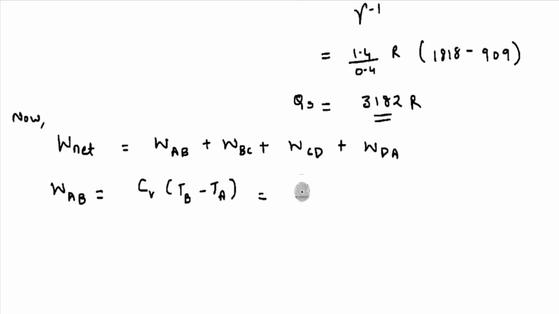Cv can be written in terms of the adiabatic index as R by 1 minus gamma, into TB minus TA.